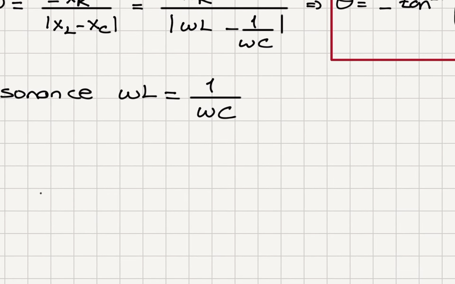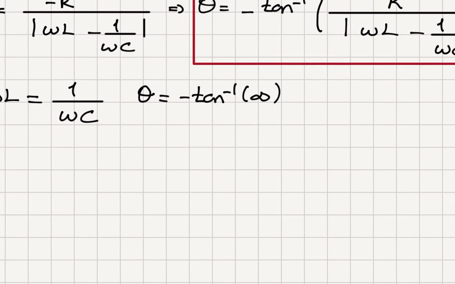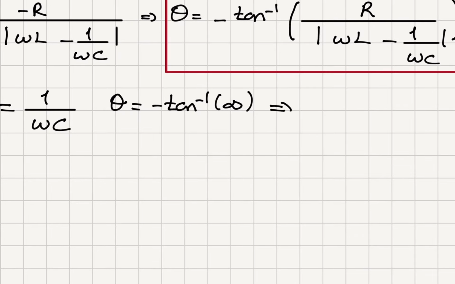All right. So if omega L is equal to 1 over omega C, theta is then minus tangent inverse of infinity. So when do we obtain infinity for the tangent of an angle? That happens at pi over 2.